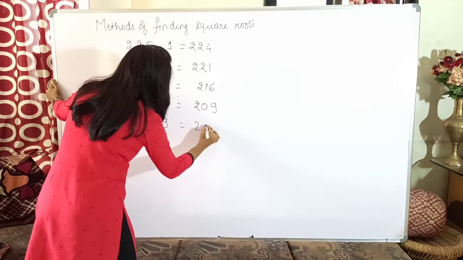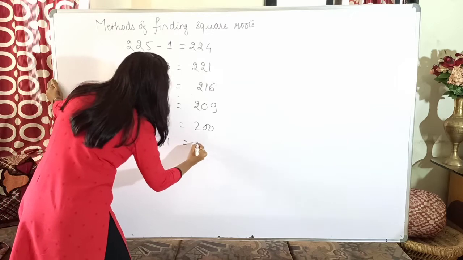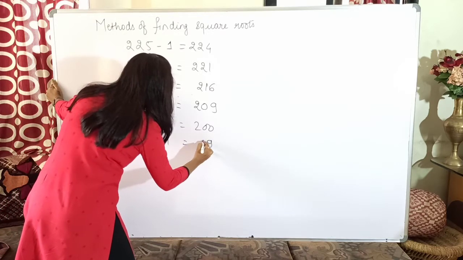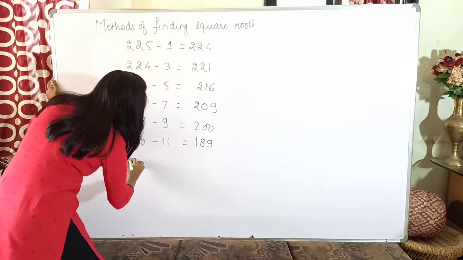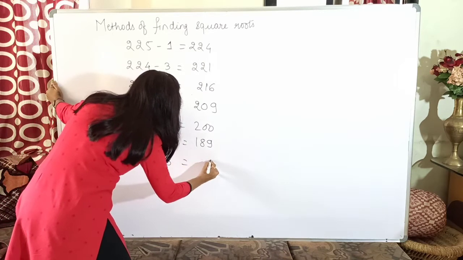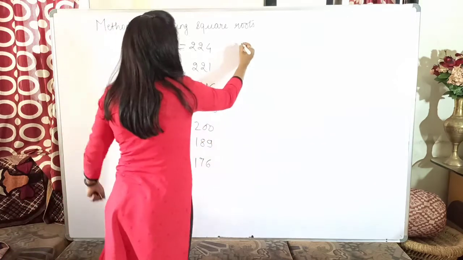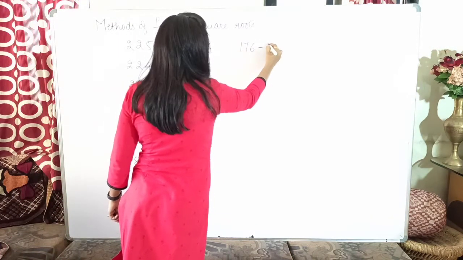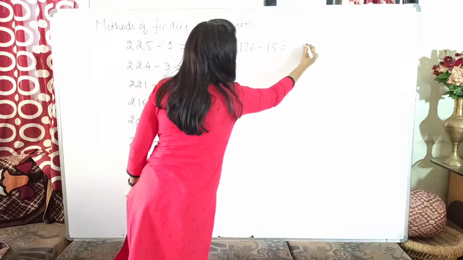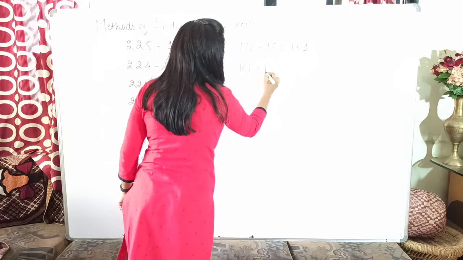209 minus 9 is 200. 200 minus 11 is 189. 189 minus 13 is 176. 176 minus 15 is 161. 161 minus 17 is 144.